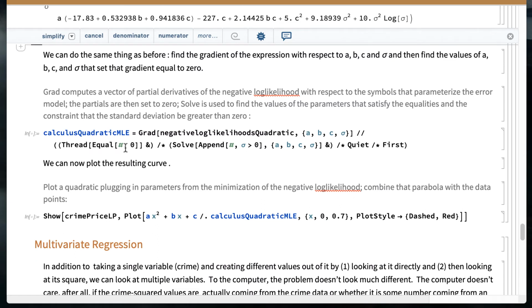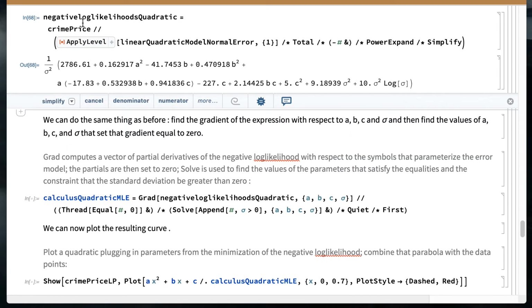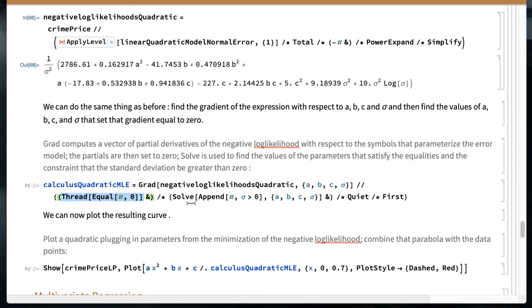We could use the calculus method, where we take the gradient of that expression, the negative log likelihood quadratic, with respect to a, b, c, and sigma, the things we're trying to figure out, set them equal to 0, and determine the conditions under which those are equal to 0, provided that sigma, the standard deviation, is greater than 0, shut up an accursed warning message, and then just take the first solution.